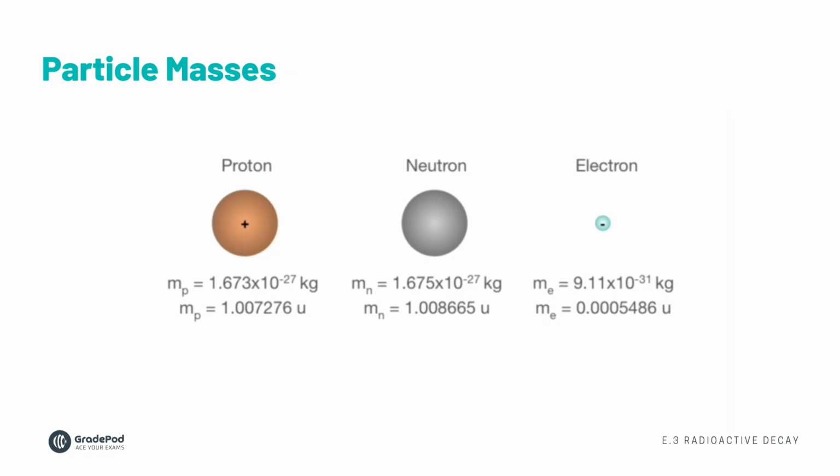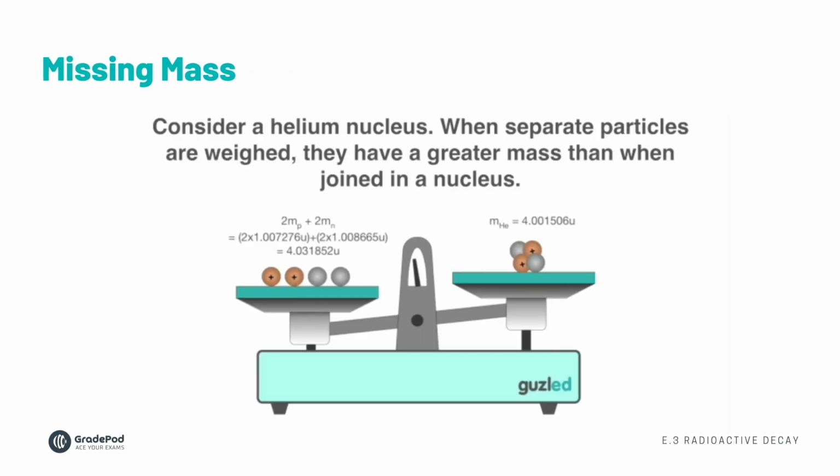Bearing that in mind, and knowing what that now means, I'd like you to consider a helium nucleus. And we're going to pop a helium nucleus in your mind onto a balance. And this can pivot either way, depending on which is the most heavy.